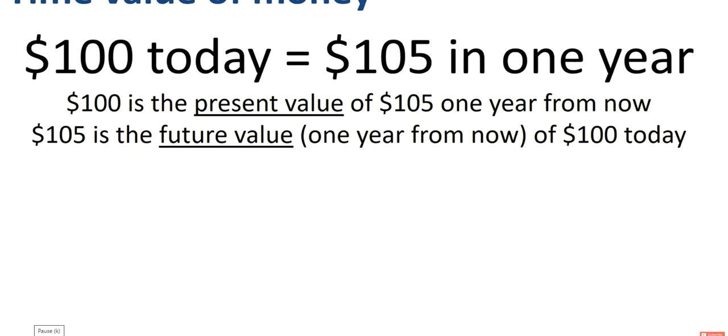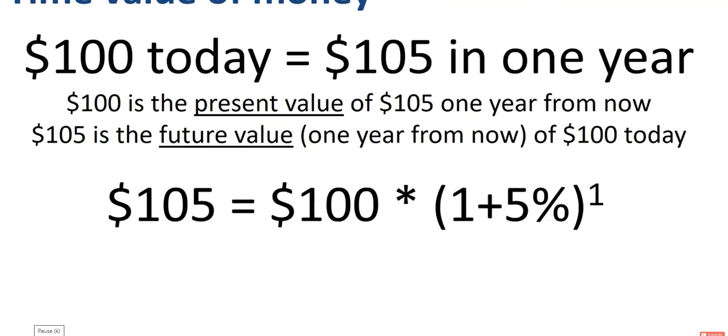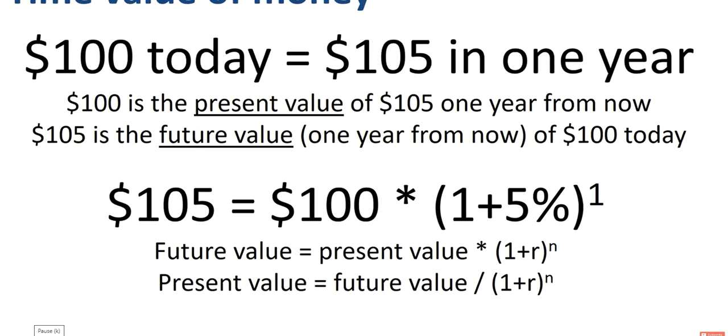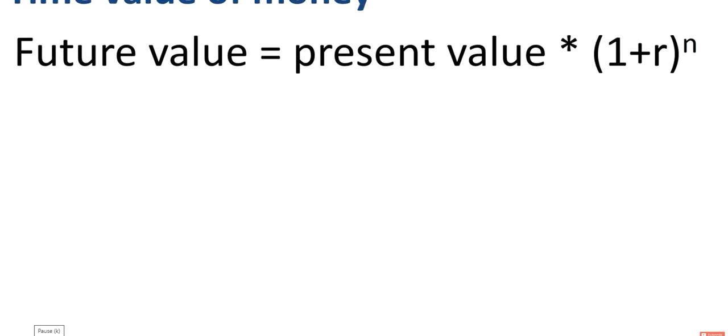Now I'm going mathematical on you. $105 equals $100 times 1 plus 5% to the power 1. The future value equals the present value times 1 plus the rate of return to the power of the number of years. The present value equals the future value divided by 1 plus the rate of return to the power of the number of years. That might be a big abstract mathematical leap. Let's review it with an example. The future value equals the present value times 1 plus the rate of return to the power of the number of years.